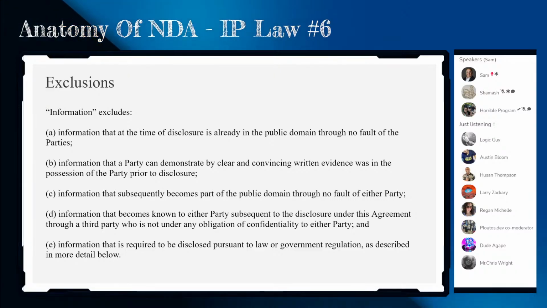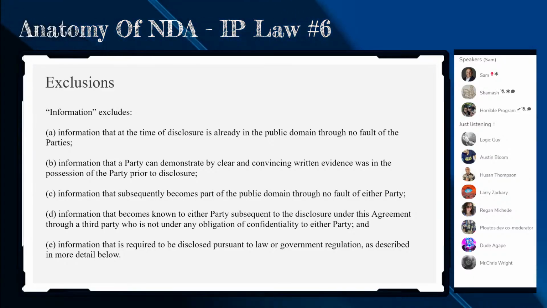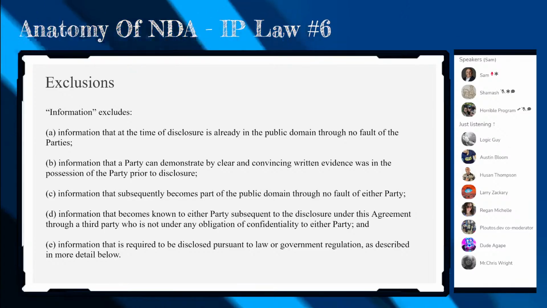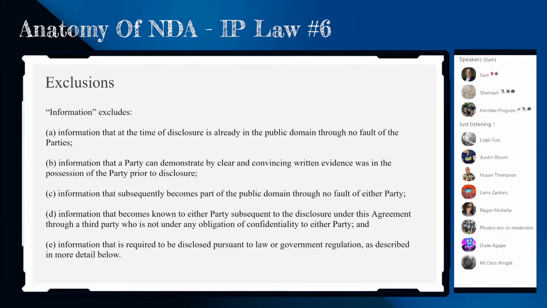So why do we have exclusions to this? Because if my contract is too broad, or what we call an overbroad contract, meaning that it covers things in addition to the things it should cover.